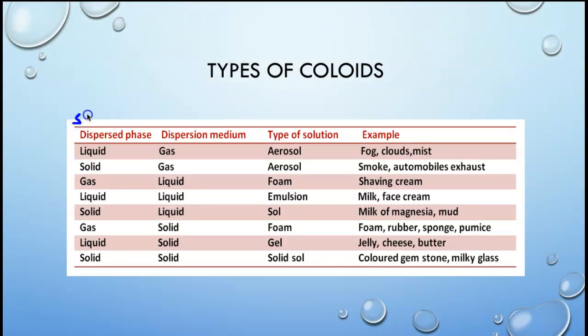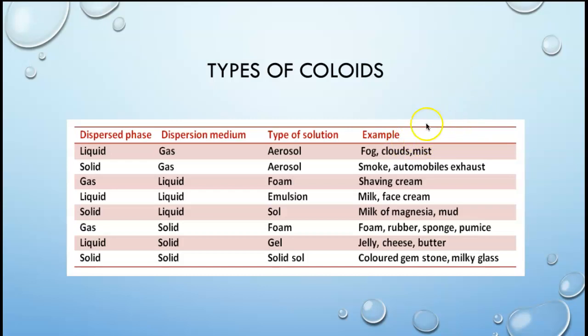So this would be like the solute. And then the dispersion medium would be like the solvent. So you can have a liquid dispersed in a gas, that's called an aerosol. So an example of that is a fog, clouds, mist.